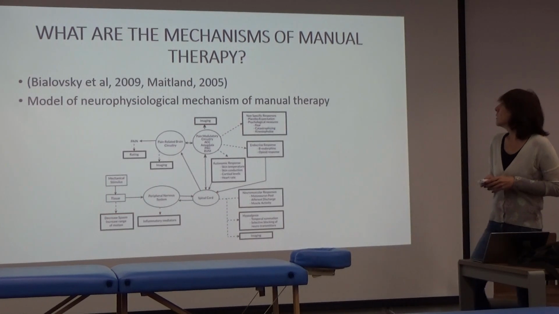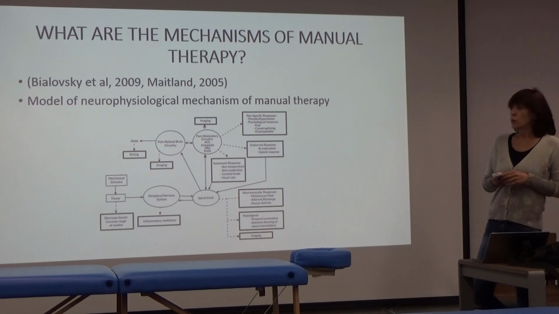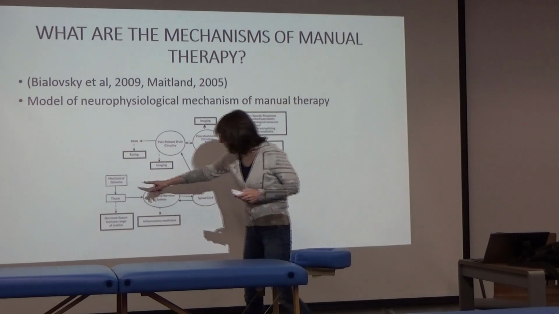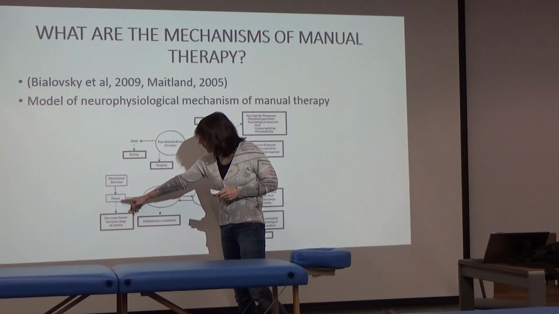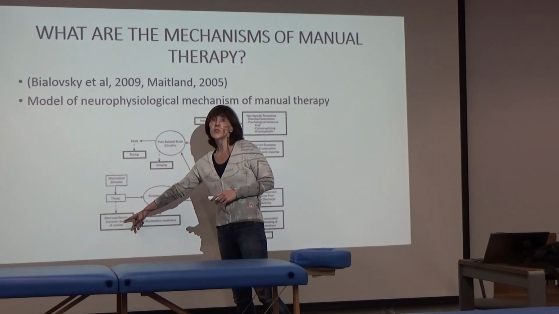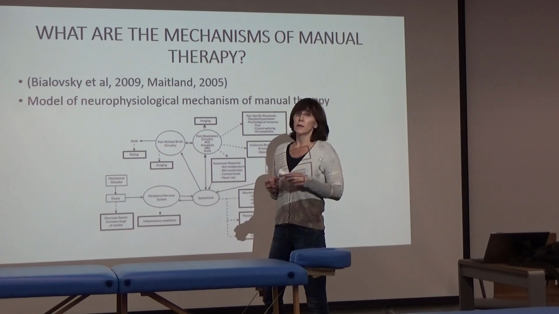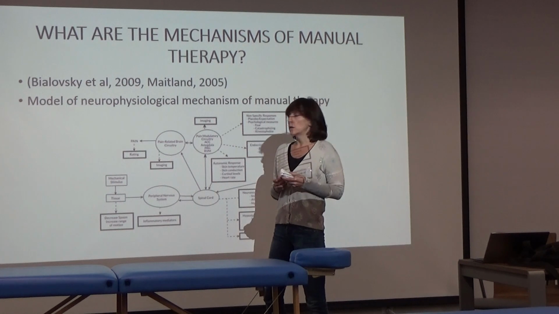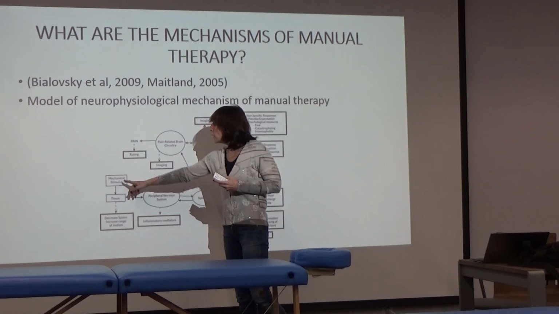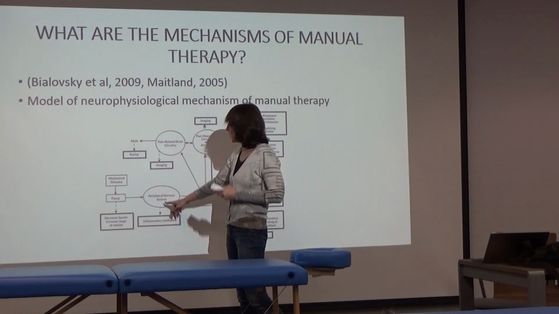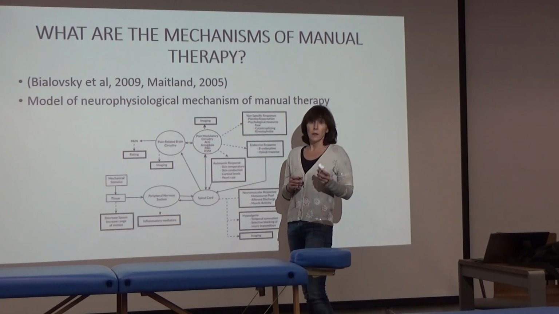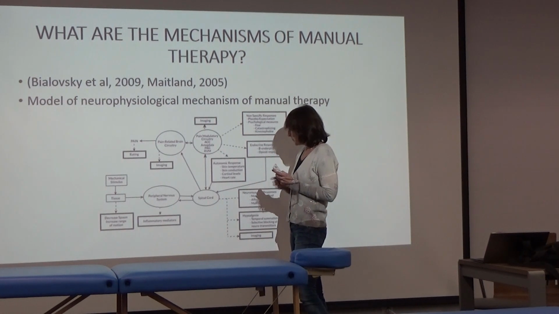Some mechanisms of manual therapies were described and proposed as a theory. Here we can see that mechanical stimulus goes to the tissue, and then we can observe some results. For example, if we do massage, we can see partial improvement, and probably the patient will feel temporary release. But normally, the mechanical stimulus goes through the tissue, to the peripheral nervous system, then to the spinal cord, and that's where all the things start to happen.